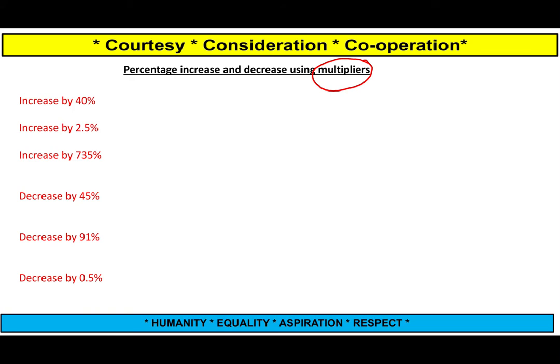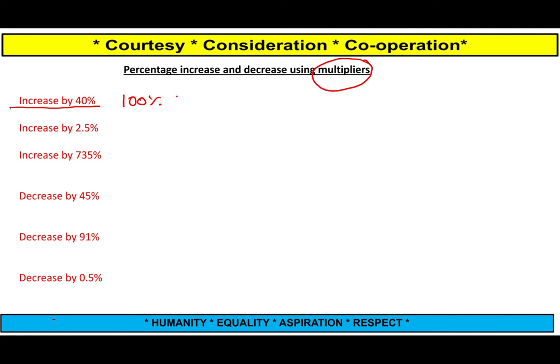So let's say you want to increase something by 40%. Now, that means the value of that amount or something will be 40% more. So the way you find the multiplier is all you do is you start off with 100%.